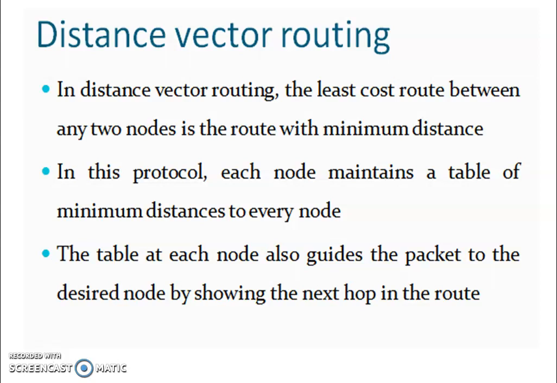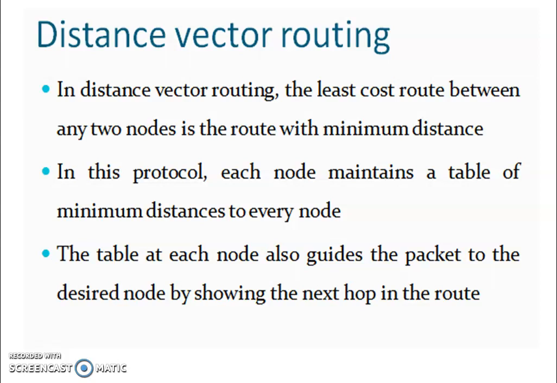And the least cost route between any two nodes is the route with the minimum distance. Each node contributes a one-dimensional array containing the distances to all other nodes and distributes that vector to its immediate neighbors.